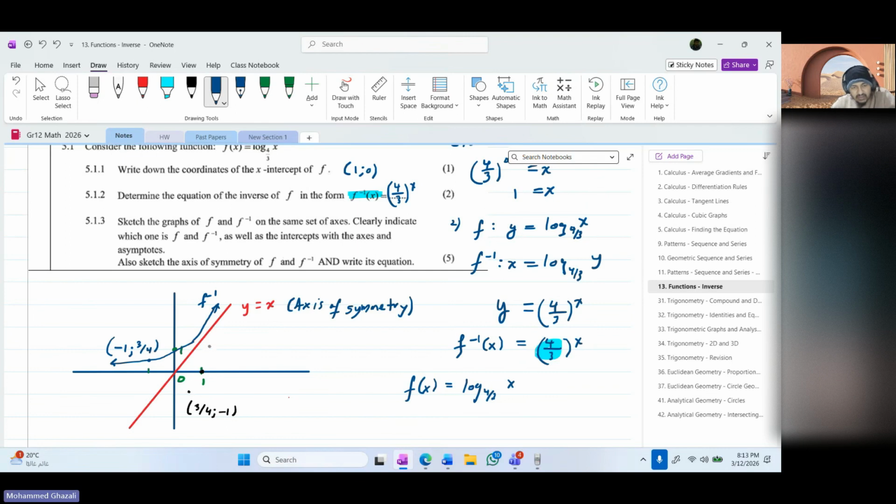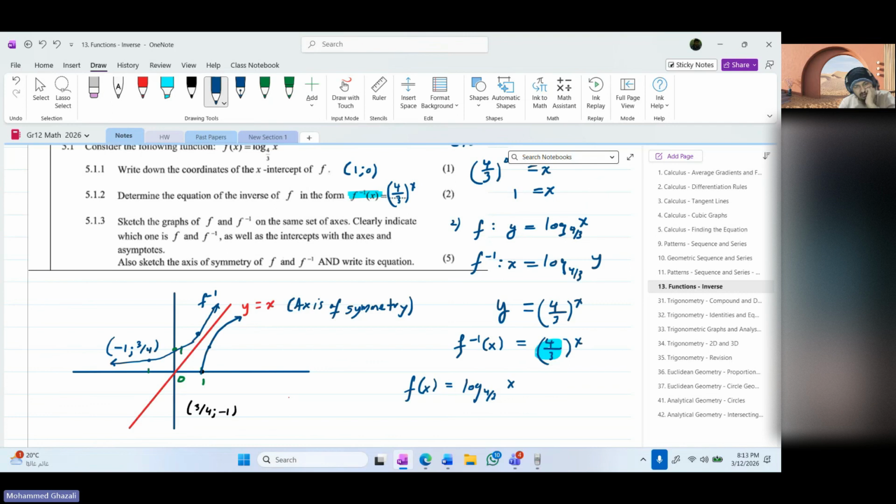It was (4 over 3, 1). That doesn't look like (0.75, -1). (0.75, -1) is somewhere around here. Okay, there should be a point there. (1, 4 over 3) should be there.